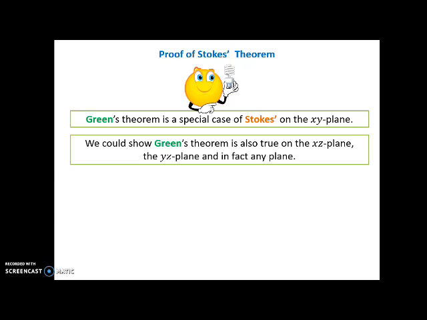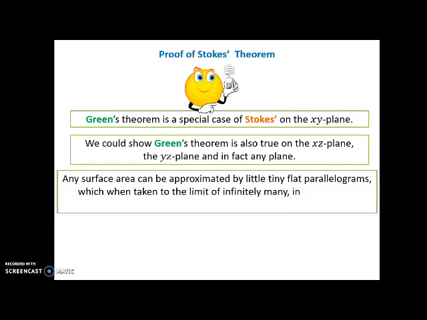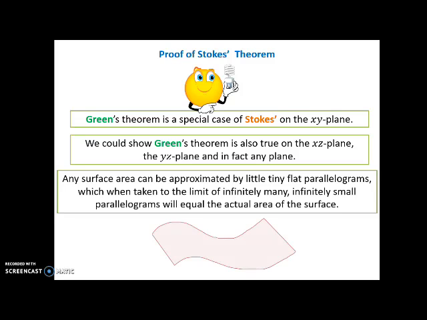Any surface area can be approximated by little tiny flat parallelograms, which, when taken to the limit of infinitely many, infinitely small parallelograms, will equal the actual area of the surface. It's just that the parallelograms are tilted as we go along. So here's a picture of a surface, and you could cover the whole thing with little parallelograms.